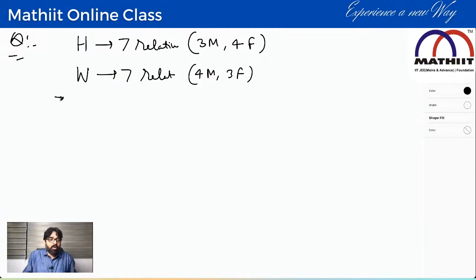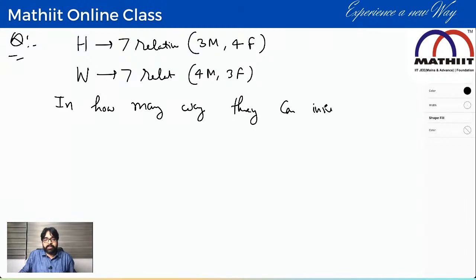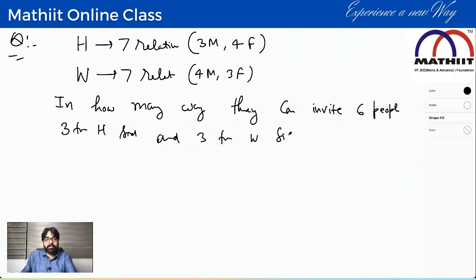In how many ways can they invite six people, three from the husband's side and three from the wife's side, in which there are three male and three female?